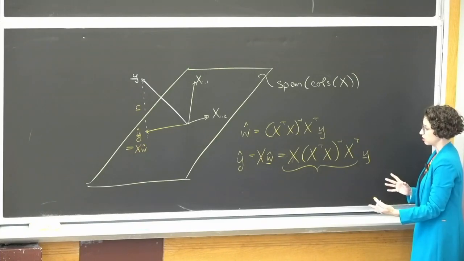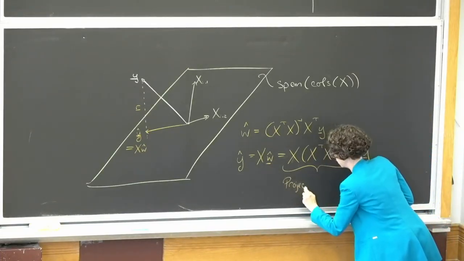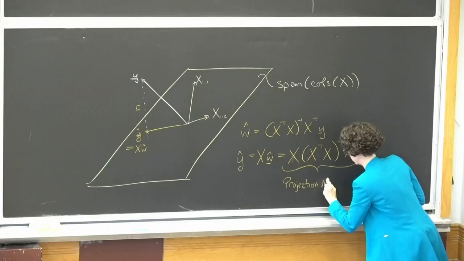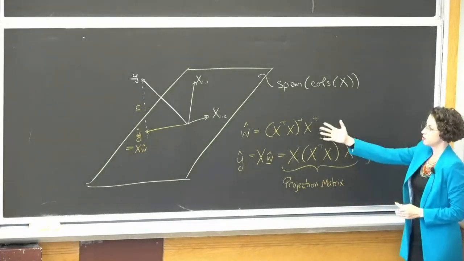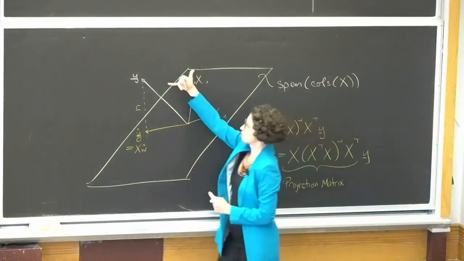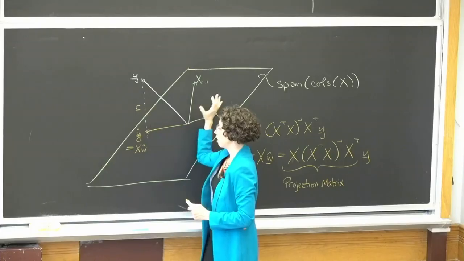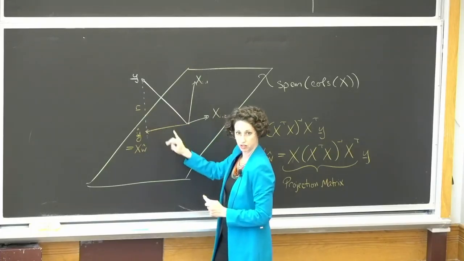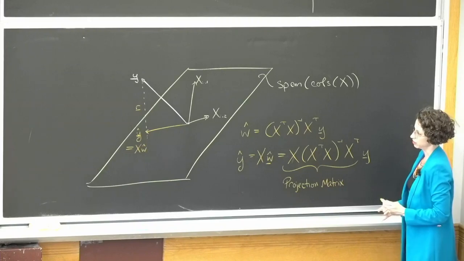This matrix also has a special name. This is called a projection matrix. Our geometric picture of least squares gives us a sense of this, because it's like we are projecting y onto the span of all of the columns of X. The projection operation is finding this closest vector.